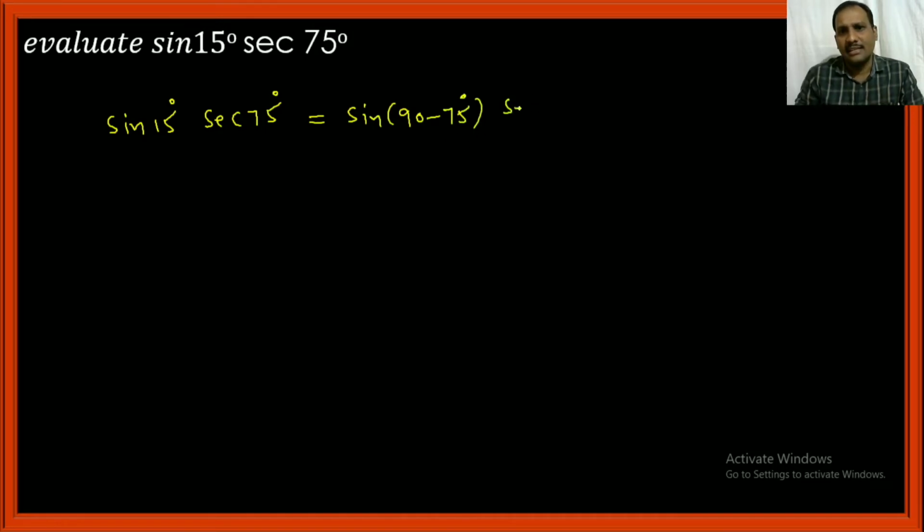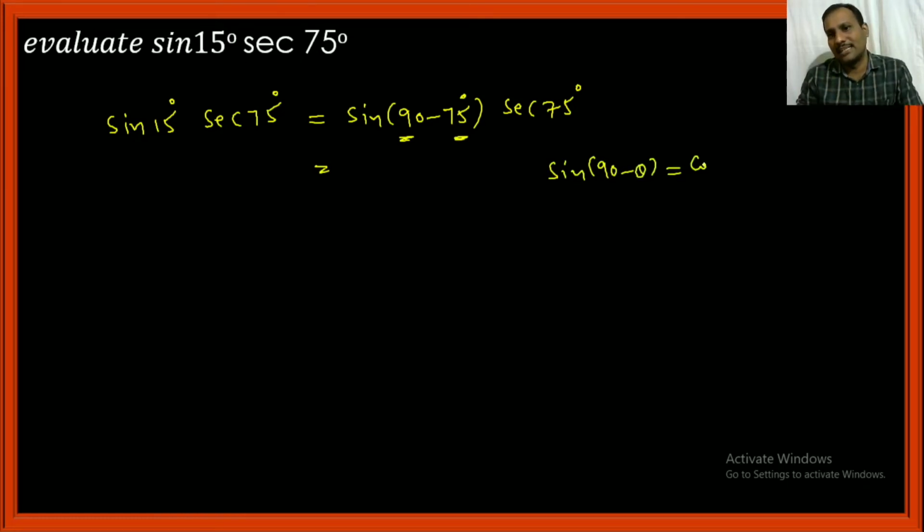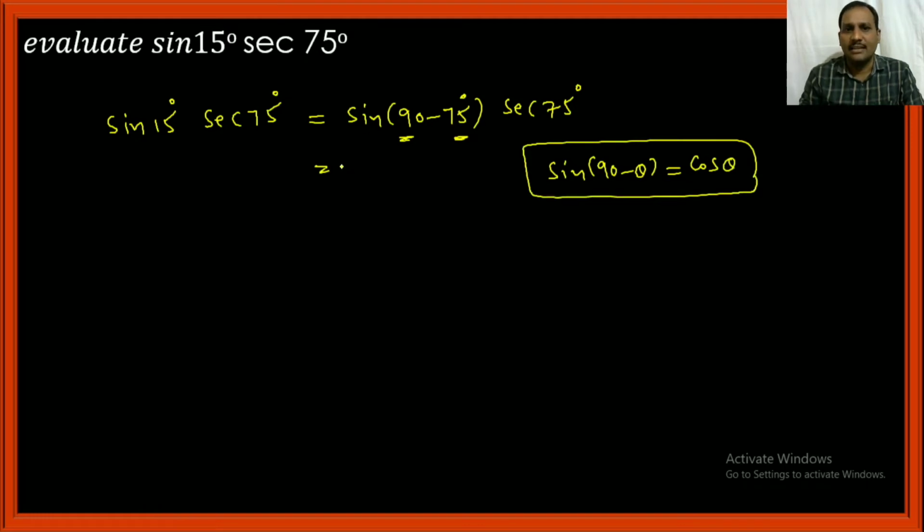Yes. Now here, the sine 90 minus theta formula: sine 90 minus theta is cos theta. So you can write it as cos 75 into secant 75.